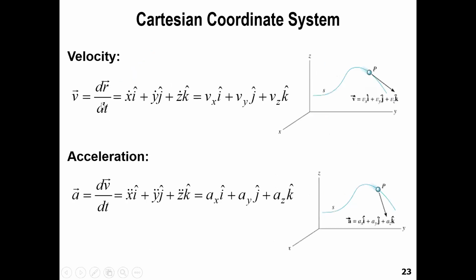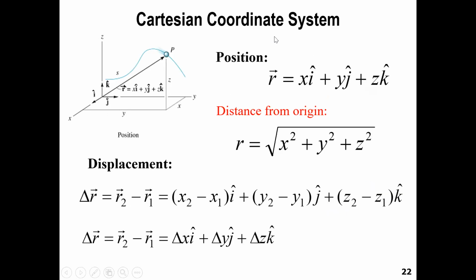So then it's going to be velocity. For the velocity, we take the time derivative. You know what? Let me just do this on the tablet, so we see what happens next.